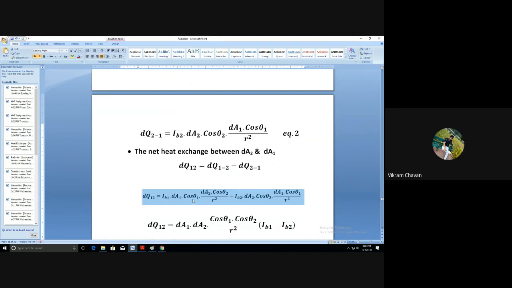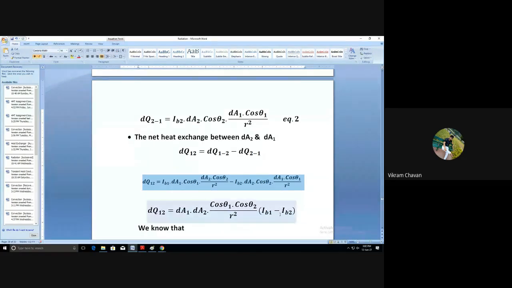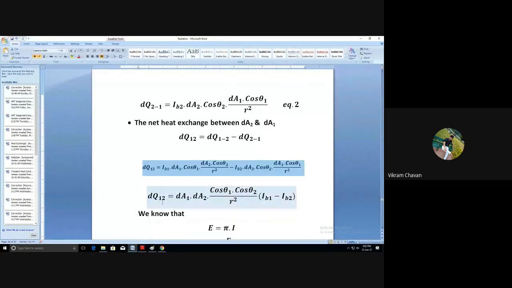Now in both the equations, IB1 and IB2 are uncommon, so we have taken them inside the bracket, and the common factor outside the bracket. So dq12 will be equal to dA1 multiplied by dA2 multiplied by cos theta 1 multiplied by cos theta 2 divided by r square, inside the bracket IB1 minus IB2.